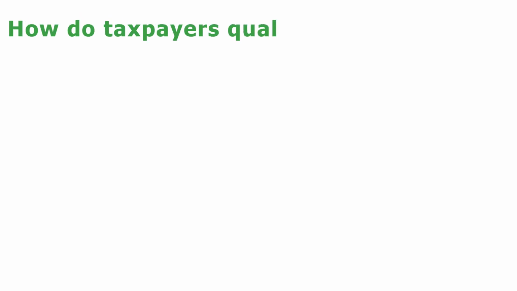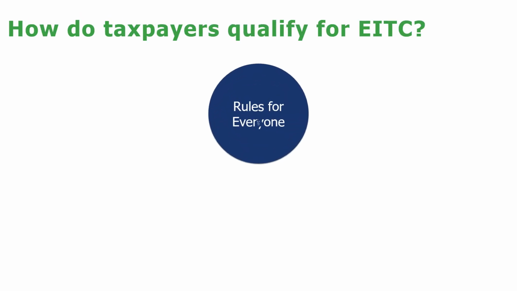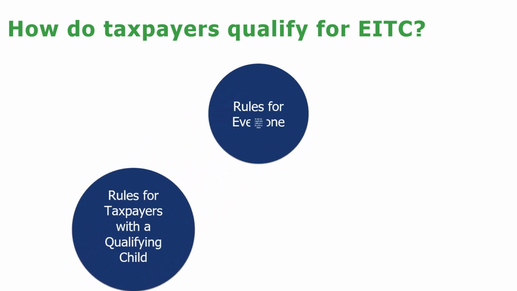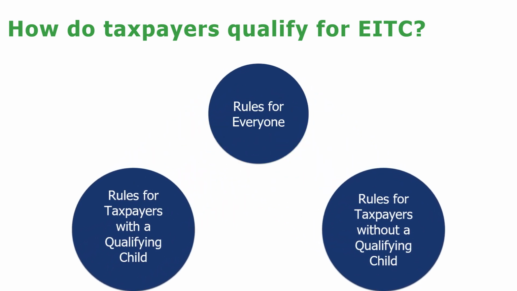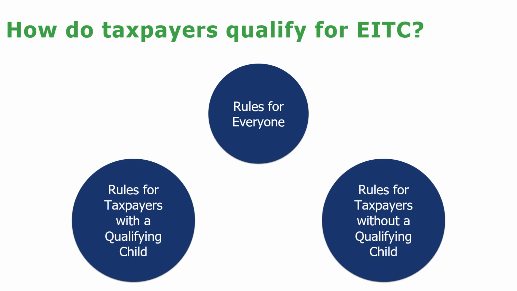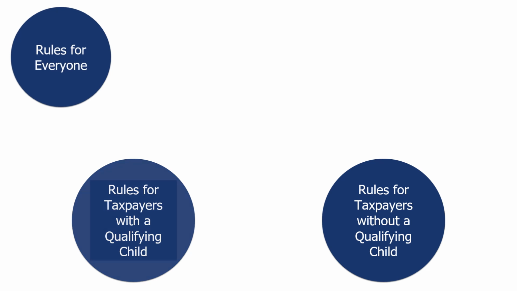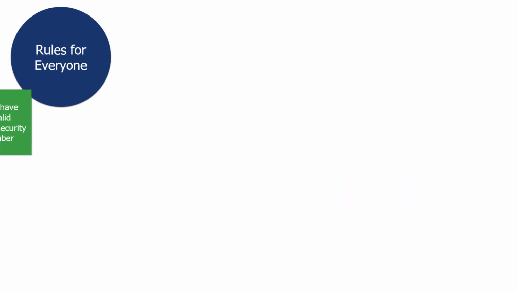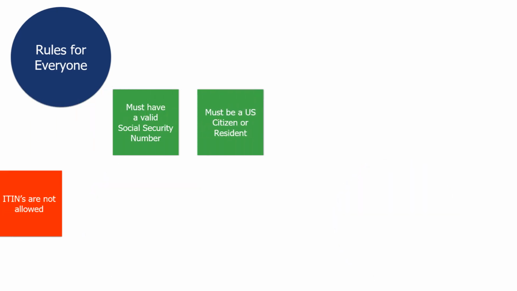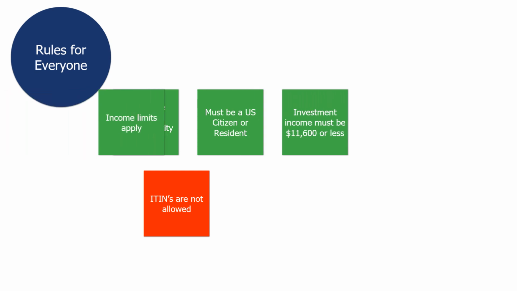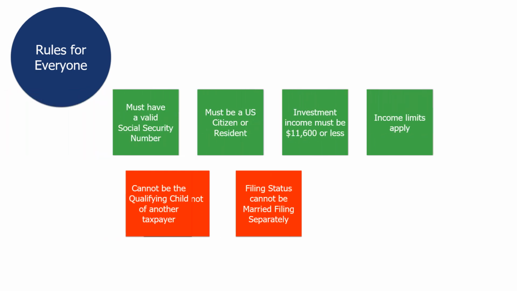How do taxpayers qualify for the Earned Income Tax Credit? There's a set of rules for everyone and a set of rules for taxpayers with one qualifying child or more and for taxpayers with no qualifying children. First, the rules for everyone. To qualify for the Earned Income Tax Credit, you must have a valid Social Security number and be a U.S. citizen or permanent resident.